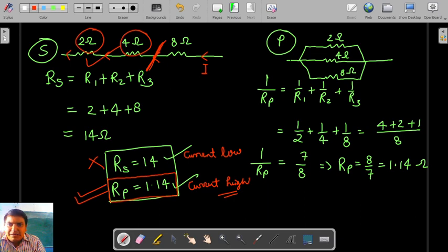But in case of parallel, the current is divided in three parts. If this particular electrical appliance gets fused, it doesn't matter, these two appliances will still work. So this is also one of the reasons that parallel combination is used in domestic circuits, in offices, in schools, in libraries.